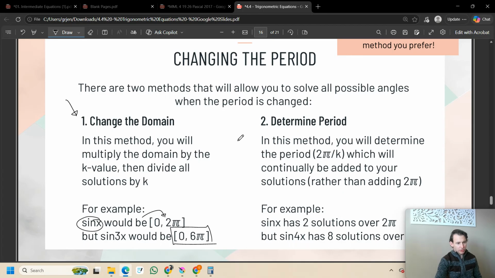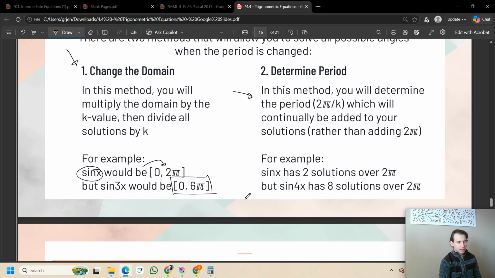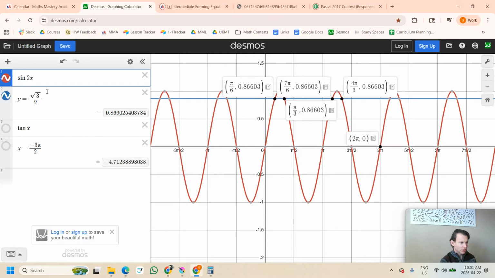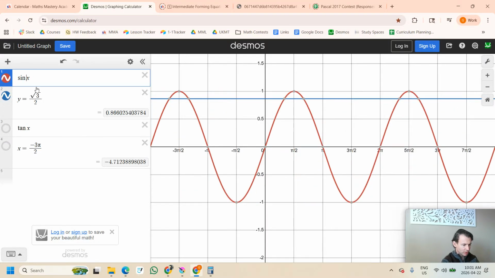You can also just figure out the period and make it work, to determine how many solutions you will have. Here, sine x has 2 solutions over 2 pi, but sine 4x has 2 times 4, so 8 solutions. I get that by visualizing the trigonometric functions here, see?